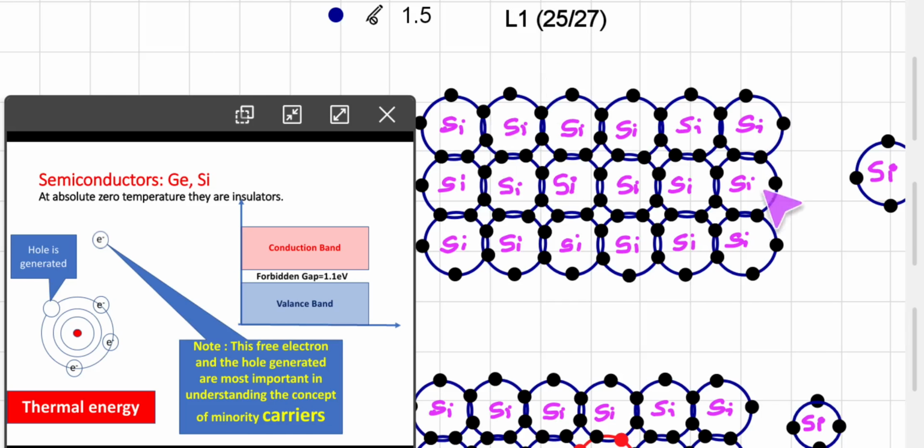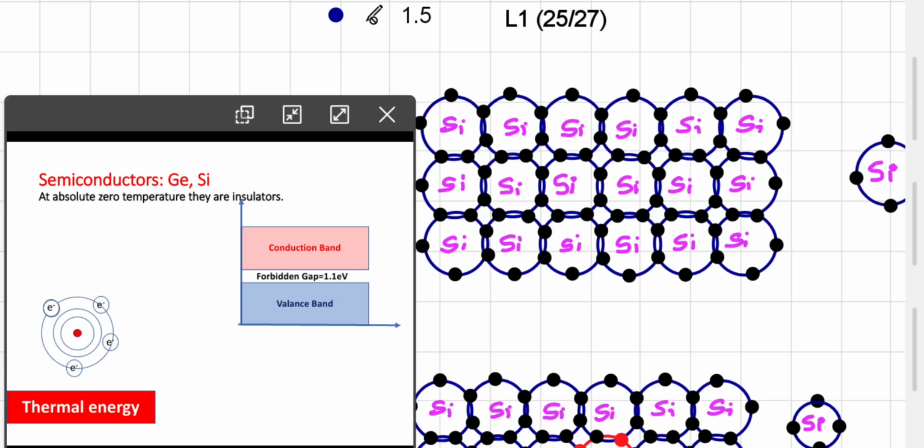It resides inside the material. So this is a free electron. But watch carefully: if thermal energy is given, the energy is gained by this electron, and now the electron has sufficient energy to jump from the valence band to the conduction band, and it becomes free.